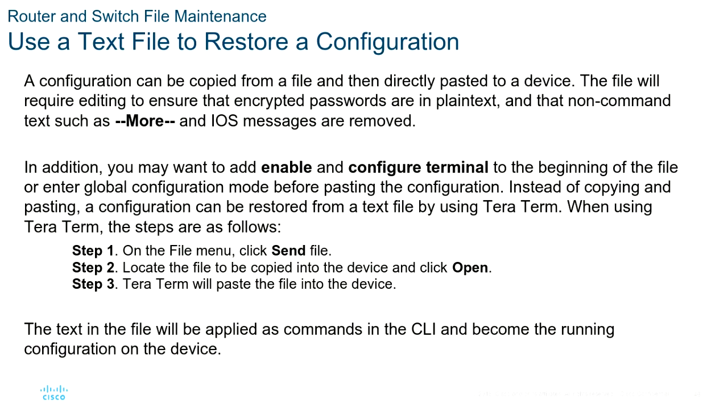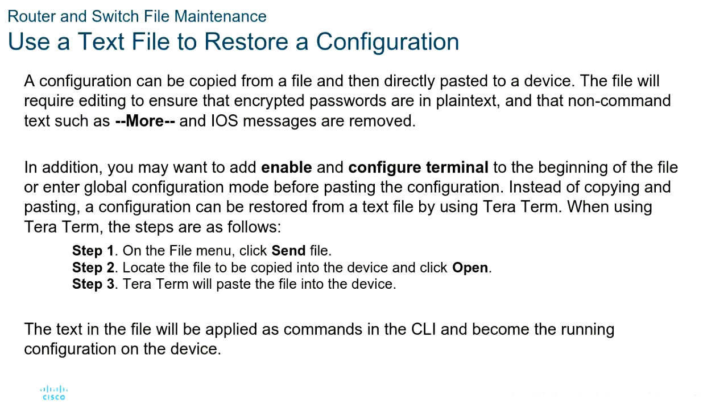But the idea is you can clean up this file in Notepad and then go back to the beginning of Notepad and add the words enable and config t. And then when you want to take a configuration and put it back to an erased device, let's say you do a lab one day, you save your configuration, you come back the next time, oh, the Cisco one guy's erased it.